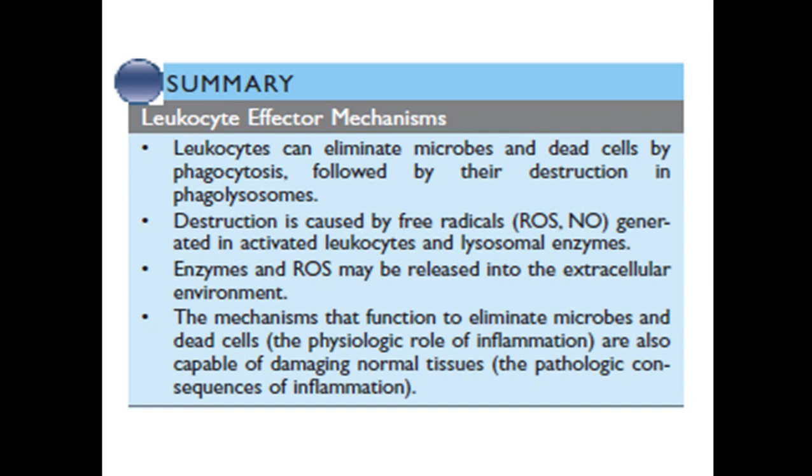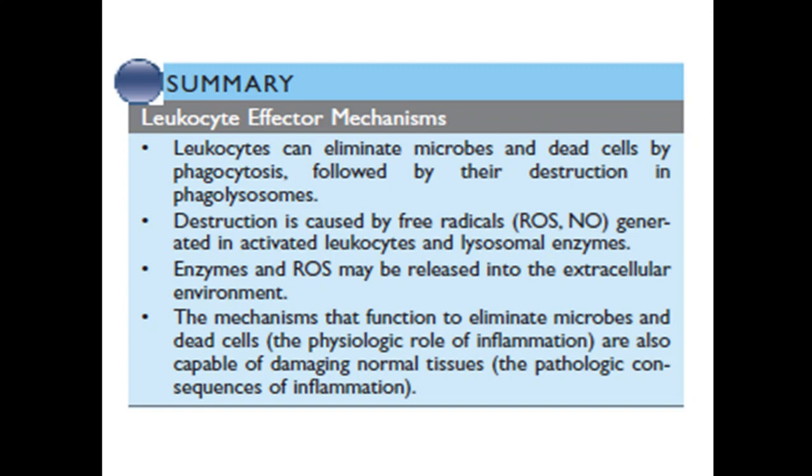dead tissue. But here one thing happens that is not good for the body, and that is that the reactive oxygen species and the enzymes which are used by the leukocytes to kill the pathogens are sometimes released into the extracellular environment, and here they can cause damage to the healthy tissues.